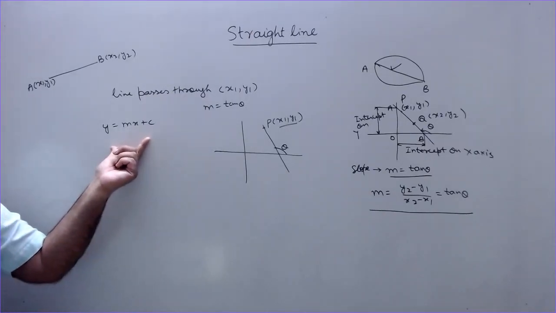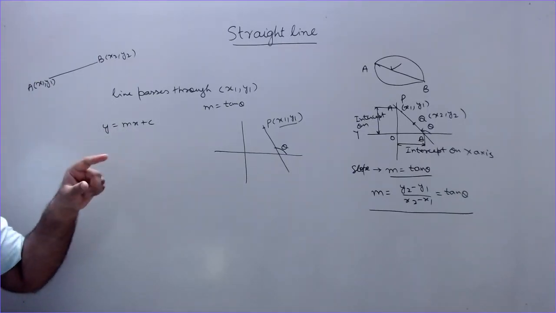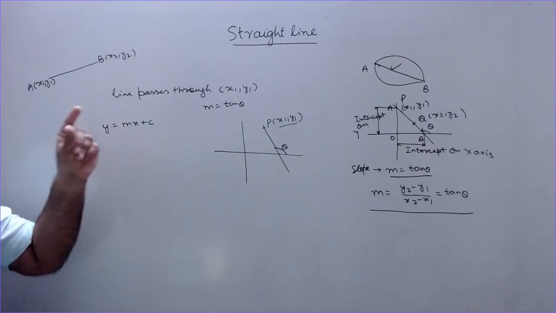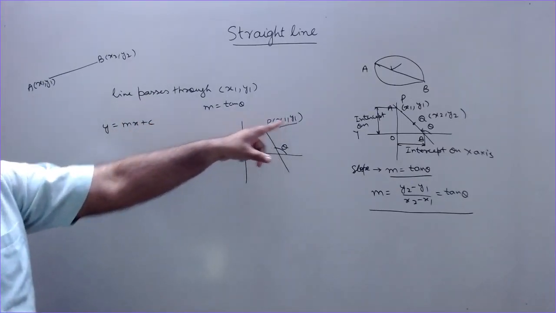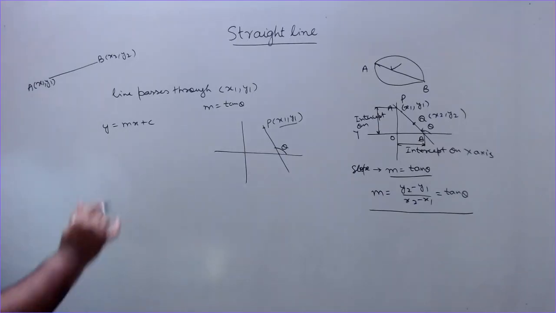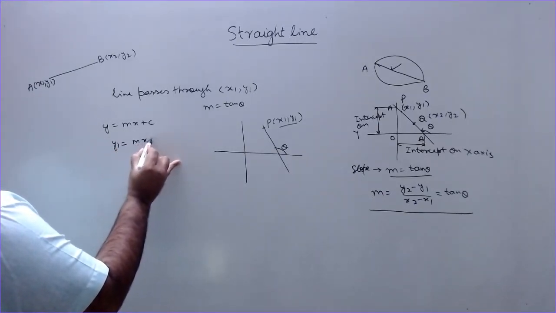Whenever a line or a curve is passing through a given point, then that point should satisfy the equation of this curve. That means you can put x equal to x1, y equal to y1 in this equation. So I can write y1 equal to m x1 plus c.